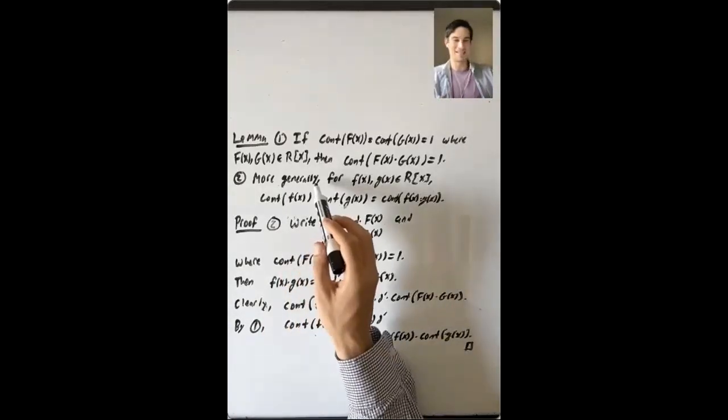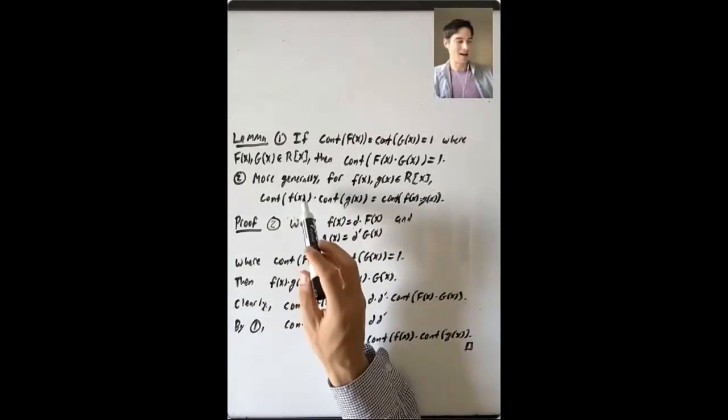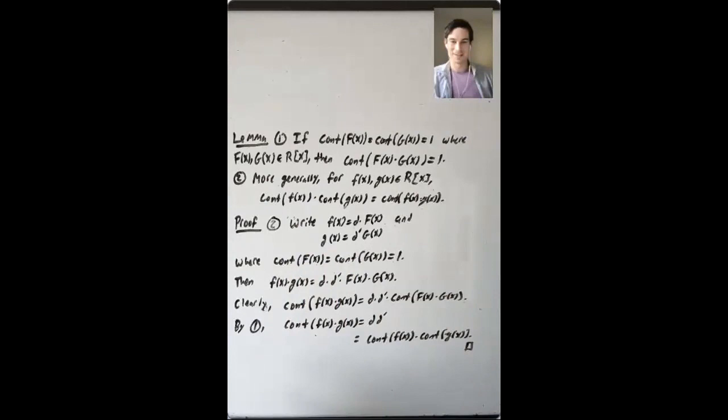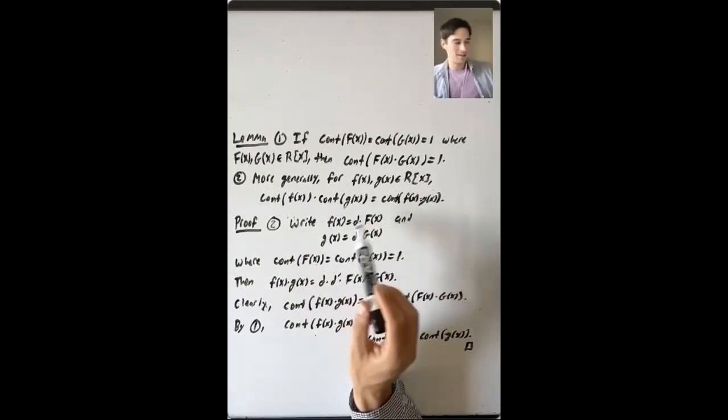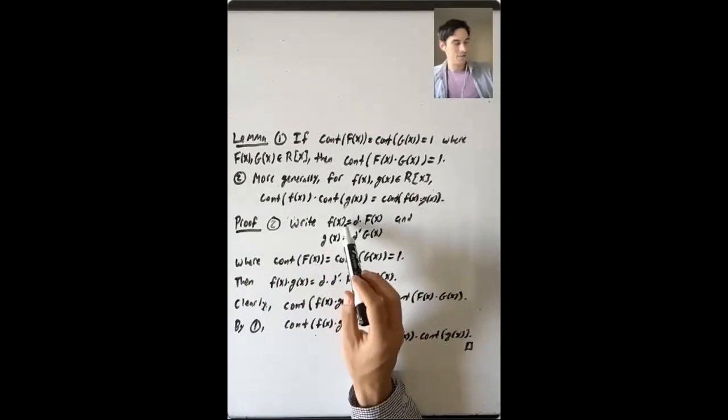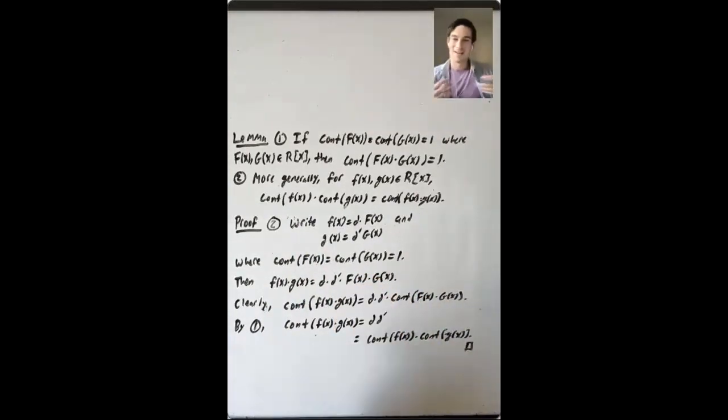Let's prove this second statement about content being multiplicative. All right. So we have some polynomial, little f of x, and the content is something. The GCD of the coefficients is something. Let's say that it's d.